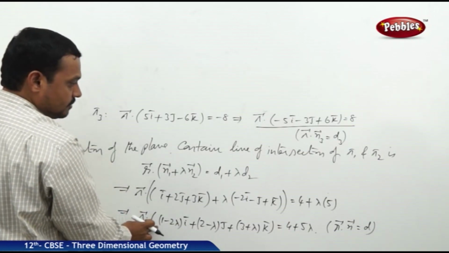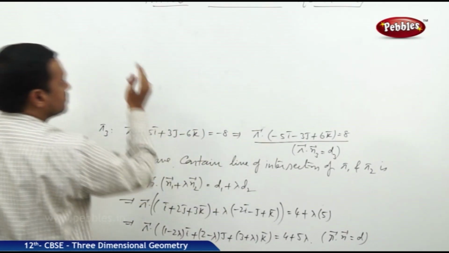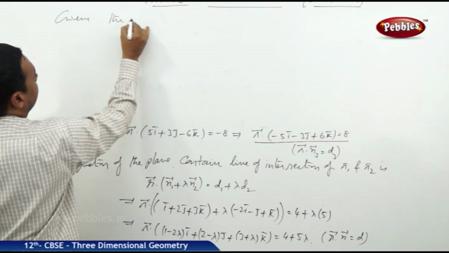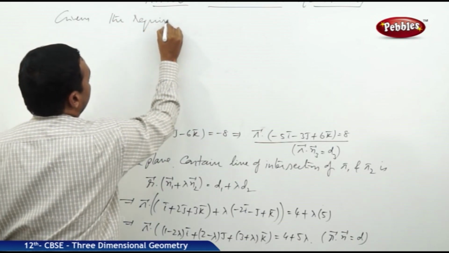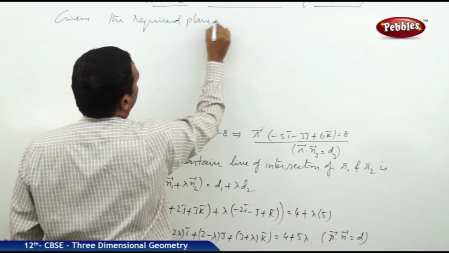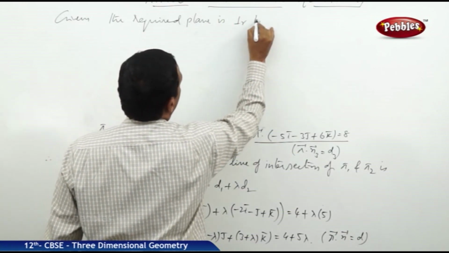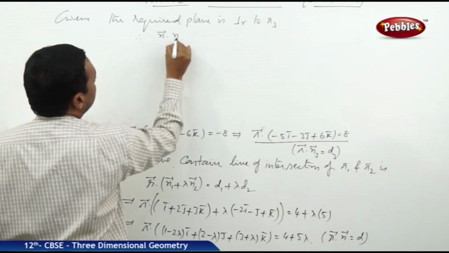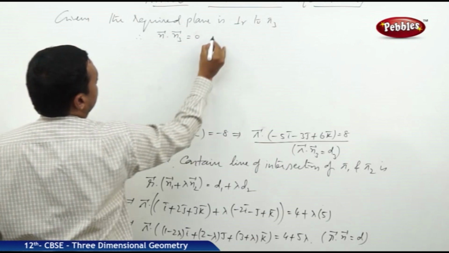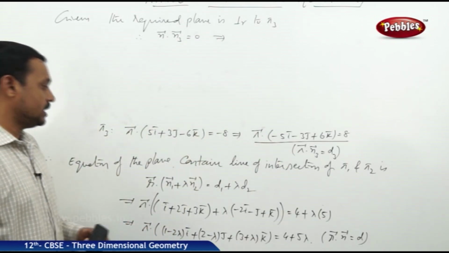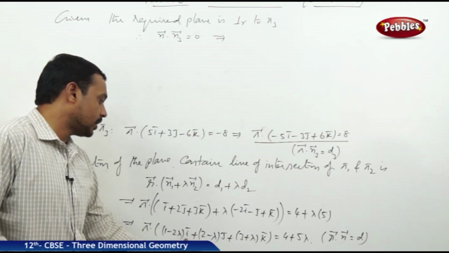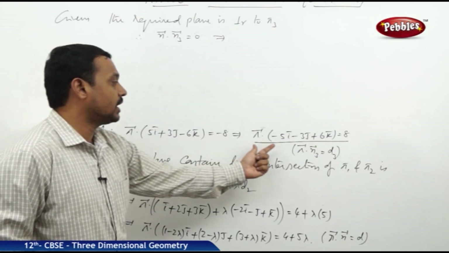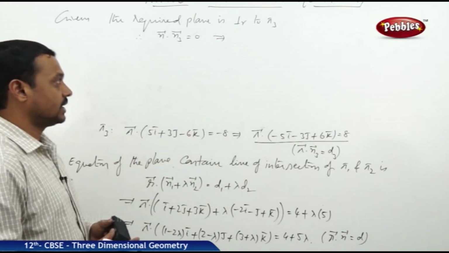Now this plane is perpendicular to this. Given that the required plane is perpendicular to pi 3, therefore n bar dot n3 bar is equal to 0, where n bar is the vector perpendicular to the required plane, and n3 is also the perpendicular vector to the given plane pi 3.